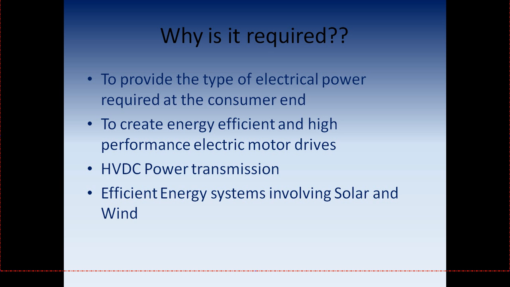And there is wind energy. A lot of variety of machines are used to convert the wind energy into electrical energy, and to convert this AC energy into a fixed voltage and a fixed frequency so that it can be transferred over the transmission line, we again require power electronics.